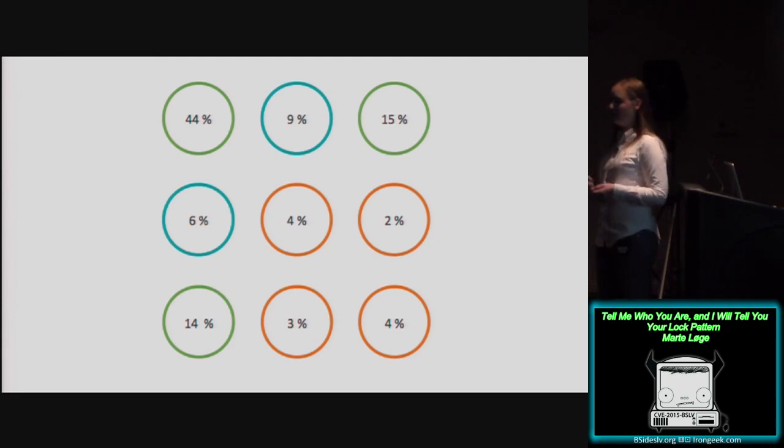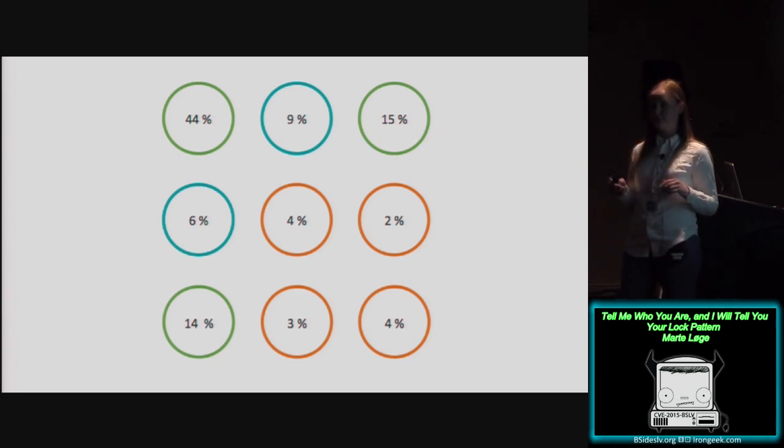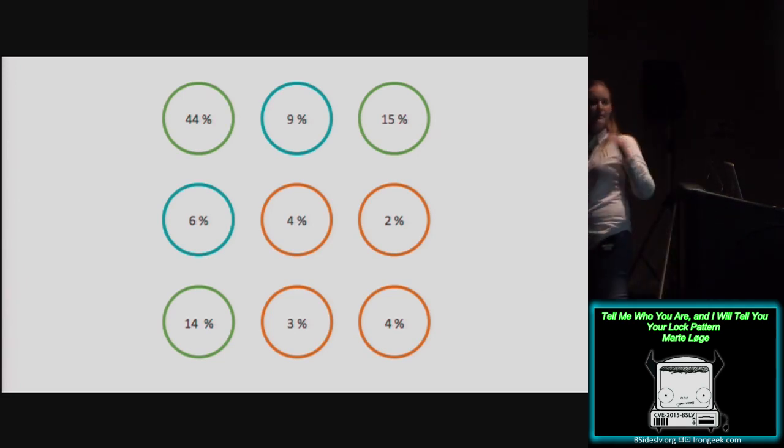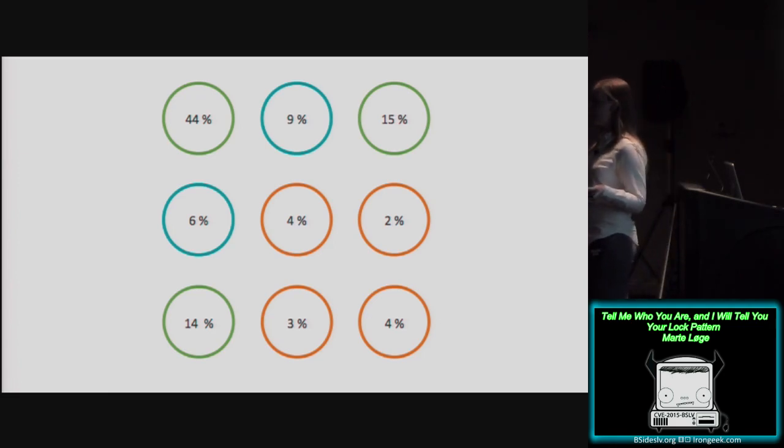So, as I mentioned, hand size and, for instance, handedness. If you know, 90% of the population are right-handed. So this might be biased by the fact that a lot of the people are right-handed. If you look at how you hold the mobile phone and create patterns, if you're right-handed and using one hand, where do you have your thumb?